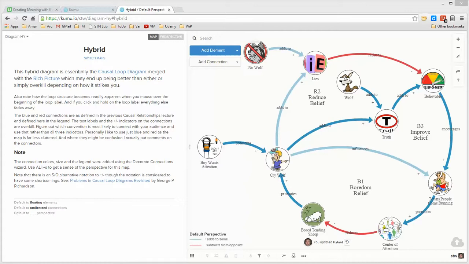What you're looking at now, I simply merged the two of them together so that it has the connection labels and the plus and minus indicators in addition to the images. I also colored the connections, blue for adds to and red for subtracts from, and I changed the legend at the bottom.